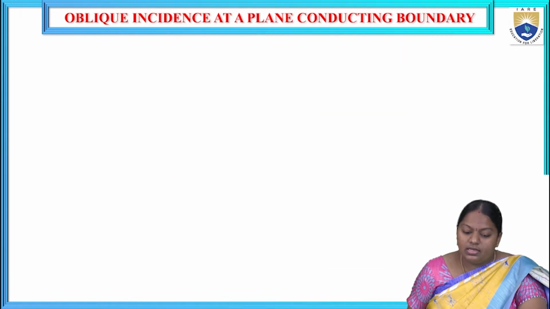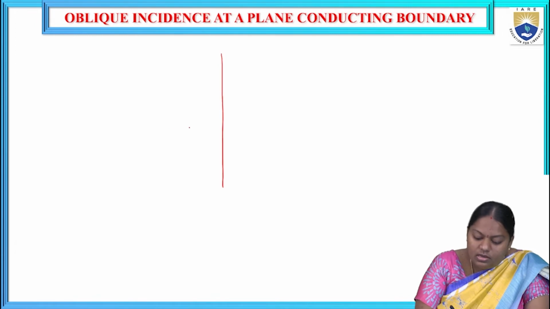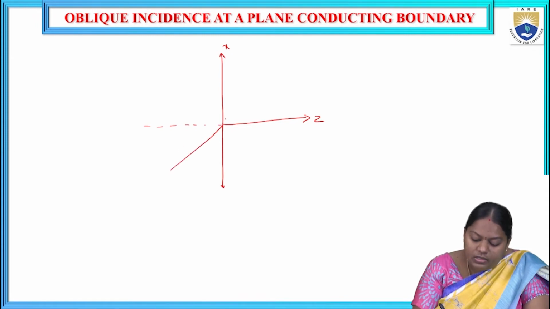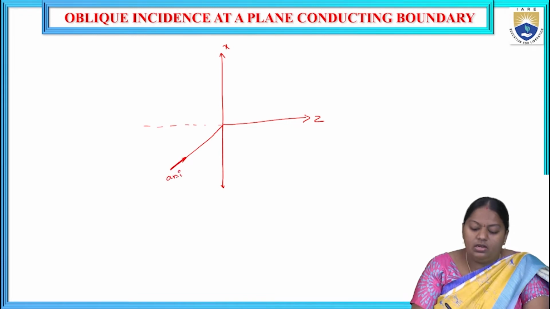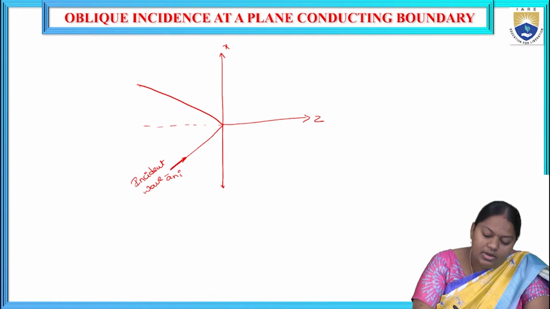In order to analyze that, firstly we will consider one simple figure. This is the x direction, this is the z direction. This is aNI, the incident wave direction.